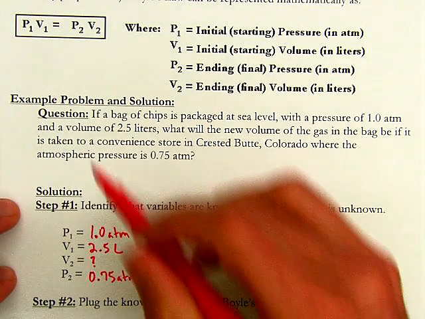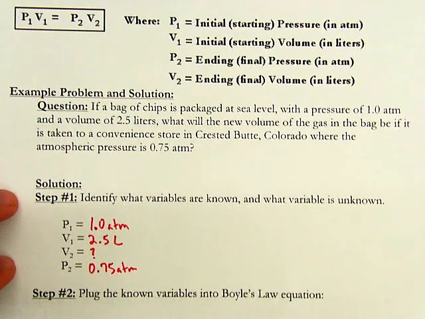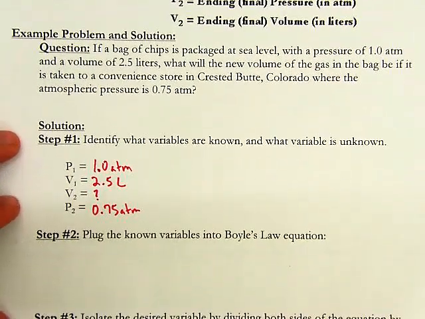Next thing we have to do is plug those numbers into this equation. Okay, so P1 V1 equals P2 V2.